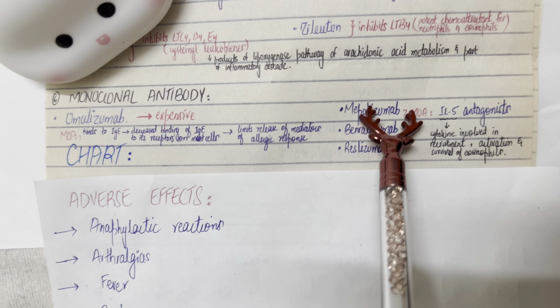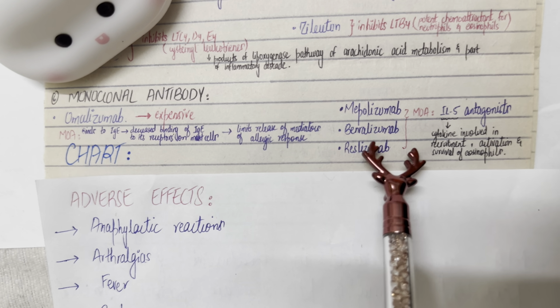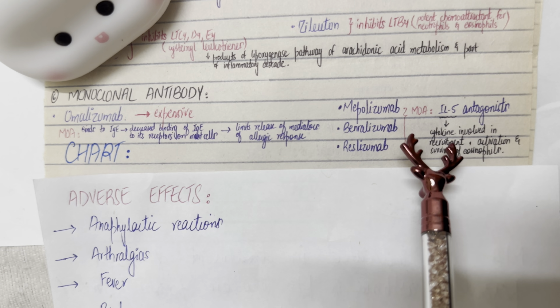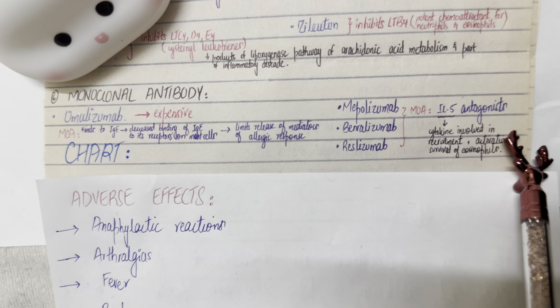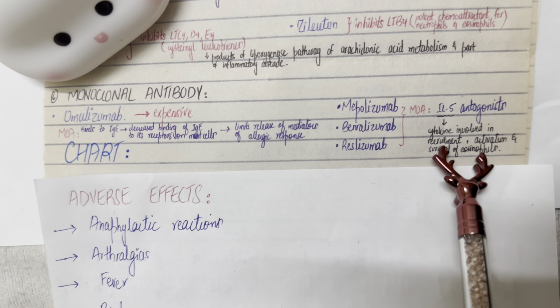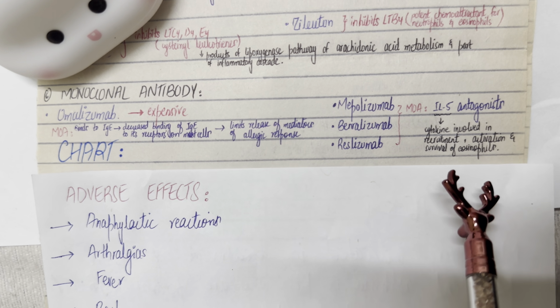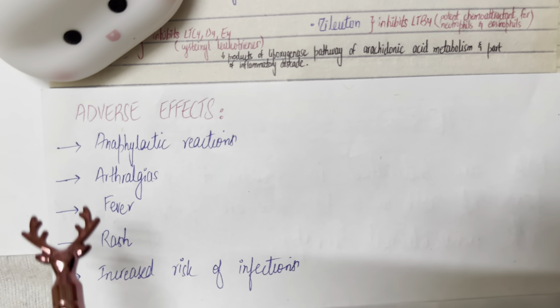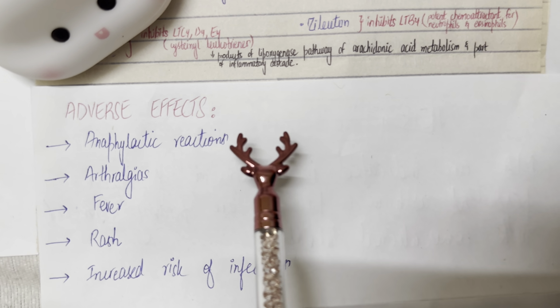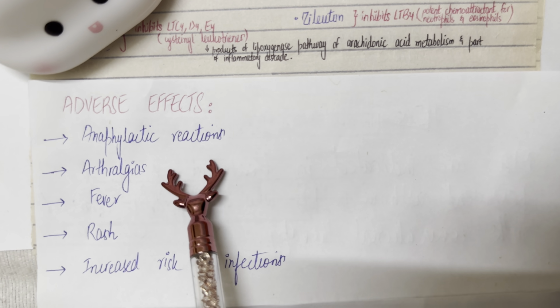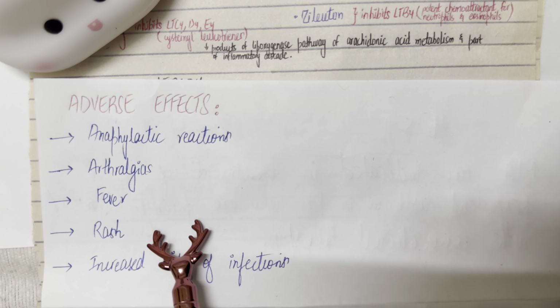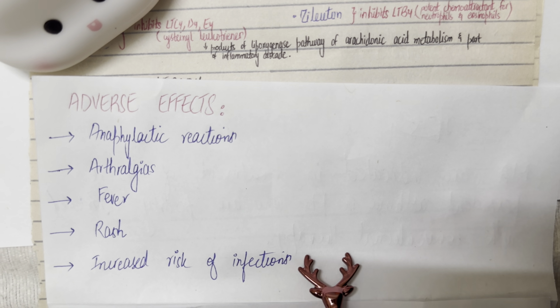The other 3 drugs act as IL-5, that is interleukin-5, antagonists. And what is interleukin-5? It is a cytokine which is involved in recruitment, activation, and survival of eosinophils. The adverse effects are anaphylactic reactions, arthralgias, fever, rash, and increased risk of infections.